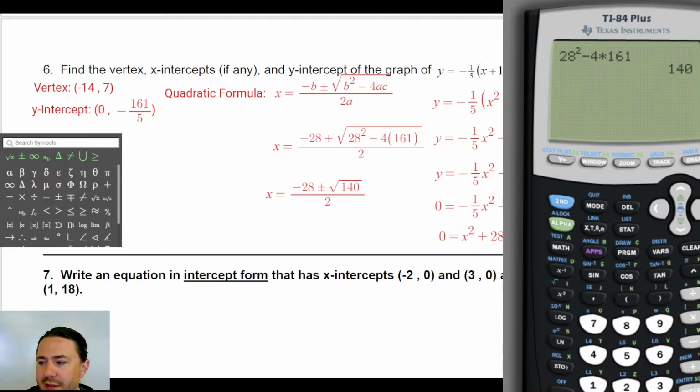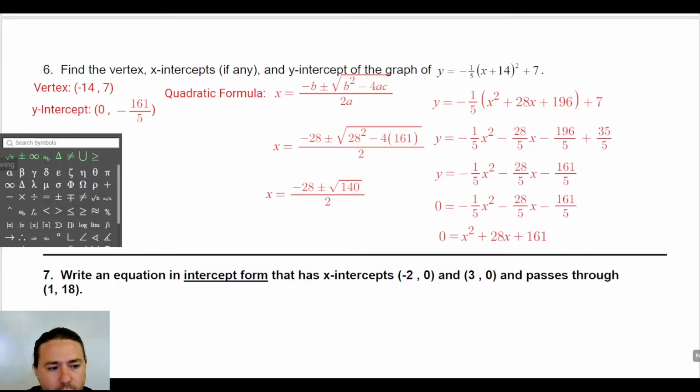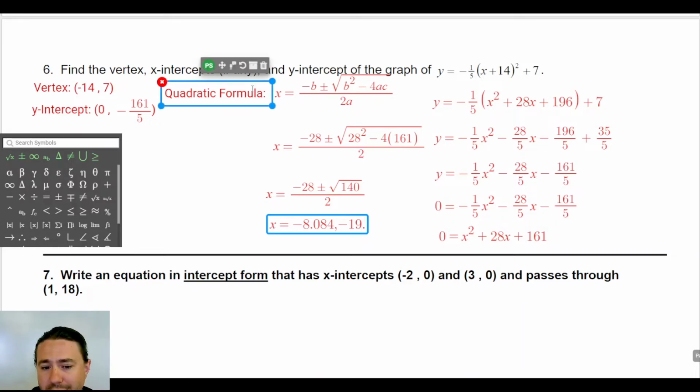If you want to type that into the calculator, you can. It's not really necessary, but if you do, let me go ahead and type that in. What I'm getting here is x equals negative 8.084, or I'll just do a comma here. The other one should be negative 19.916. So there's two of them.